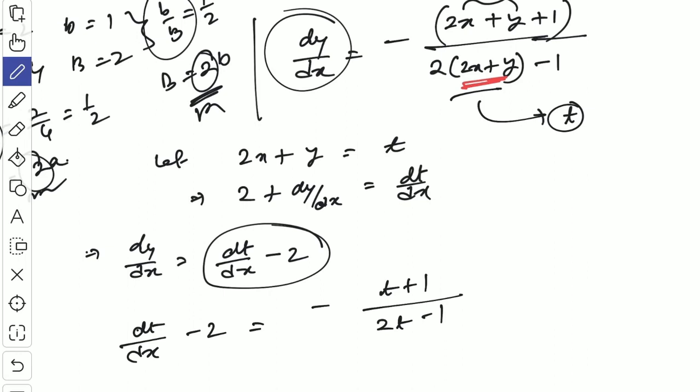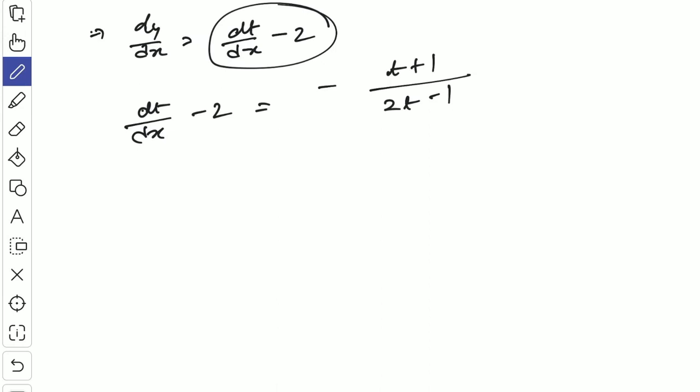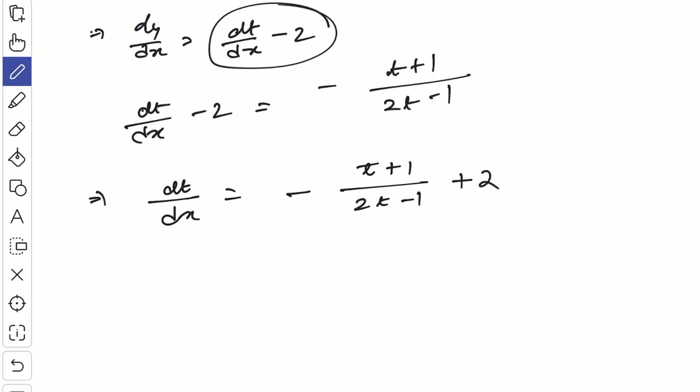That's what we have got. Now let us proceed from here. If you simplify this, you will get dt by dx equal to minus (t plus 1) by (twice t minus 1), and the minus 2 will be plus 2 on the other side, isn't it?